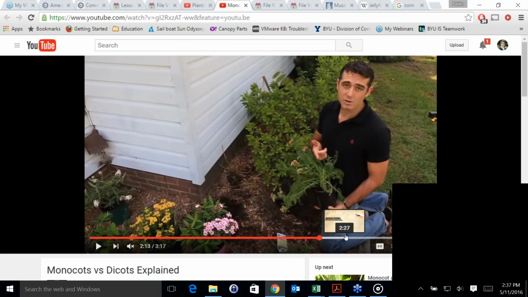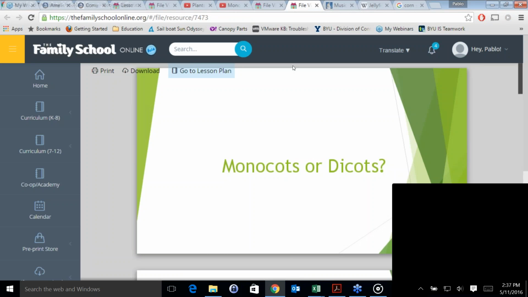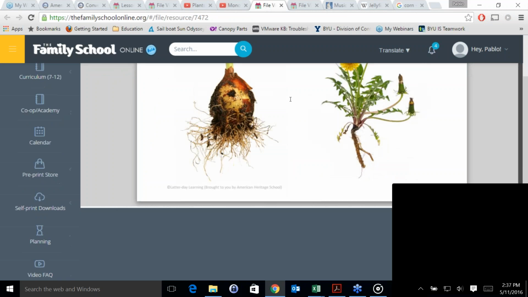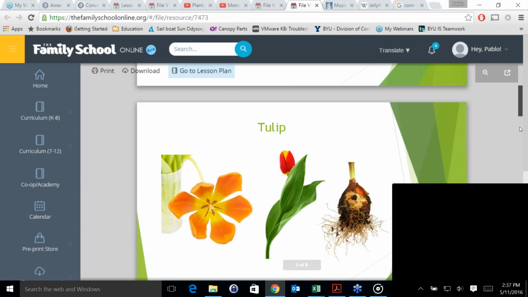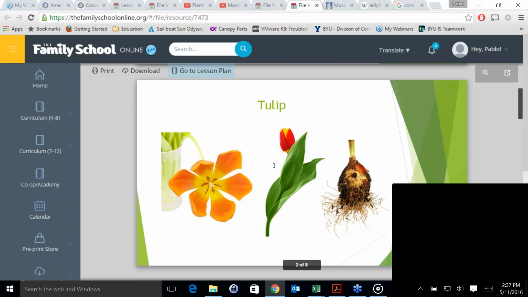So let me see if they have, okay, in this one, I think that we would see an example. Okay, so in here, you see a tulip. So what type of plant would the tulip be?